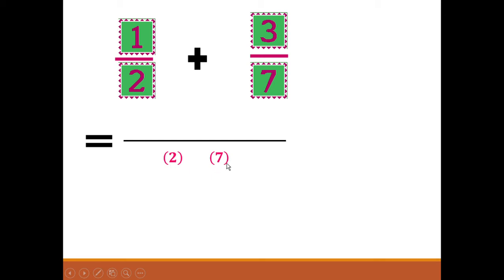Kuhanin mo yung natira. Pero ilagay mo muna yung 1 dito. Kasi remember, pag chinek mo diyan, dalawa na yan, ma-cancel mo yung 2. Natira 7. So, ilalagay mo dito 7.